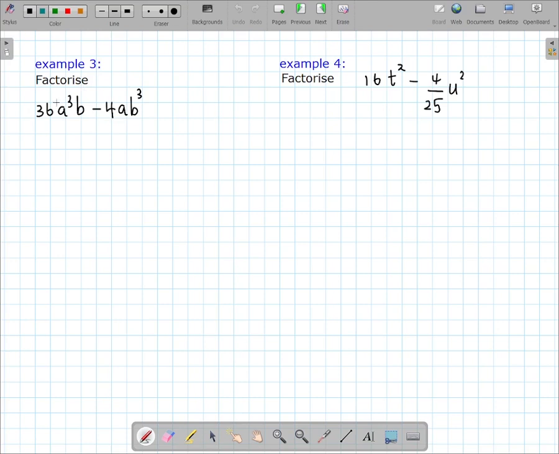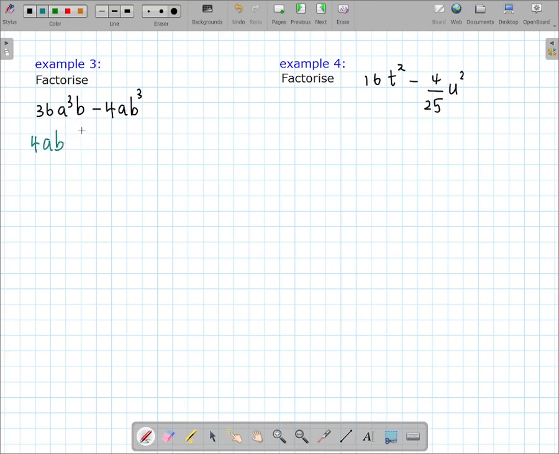So 4 and 36, 4 can be taken out. 4 times 1, 4 times 9. 9 also can be written as a square. Then a to the power 3 and a to the power 1, so a can be taken out. Then b to the power 1 and b to the power 3, so b also can be taken out. So altogether you can take out 4ab.